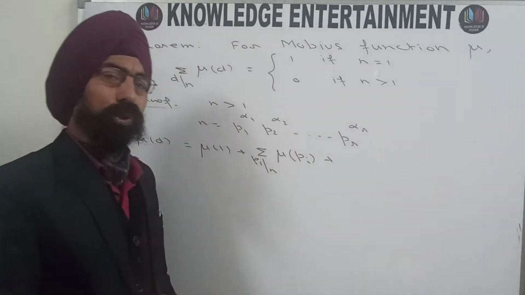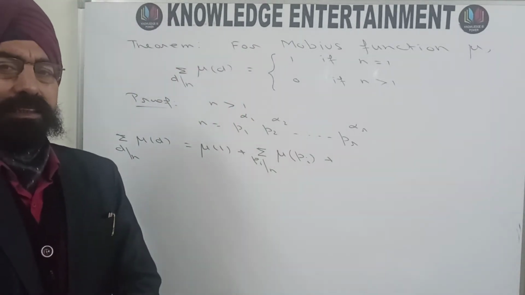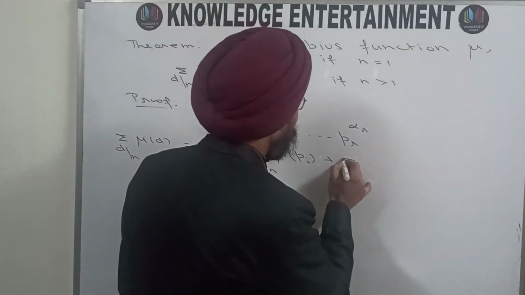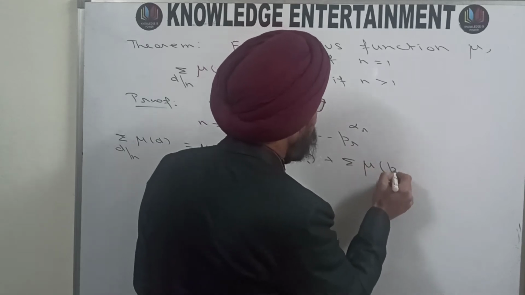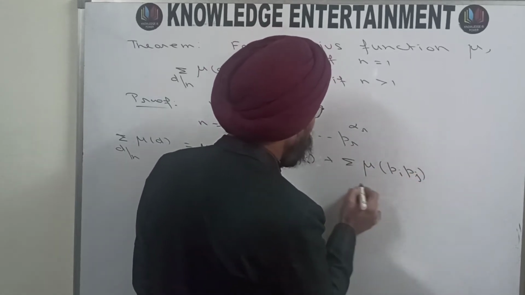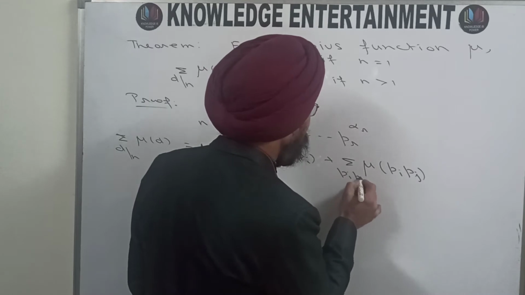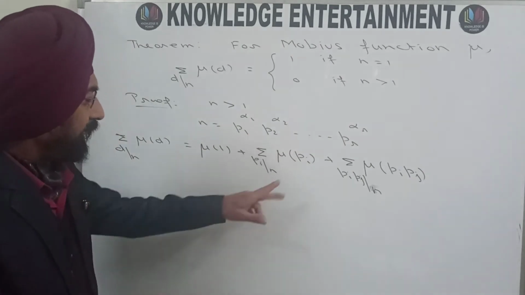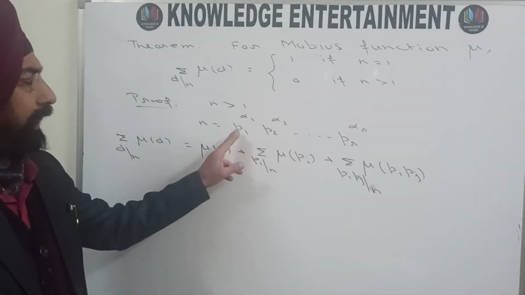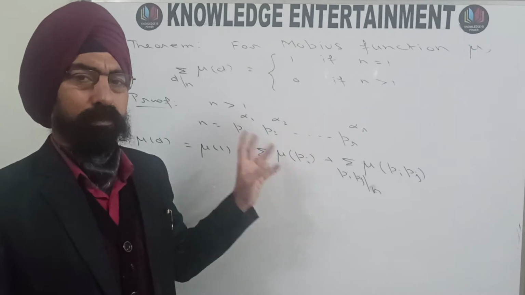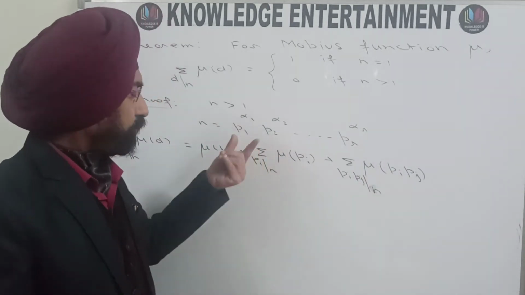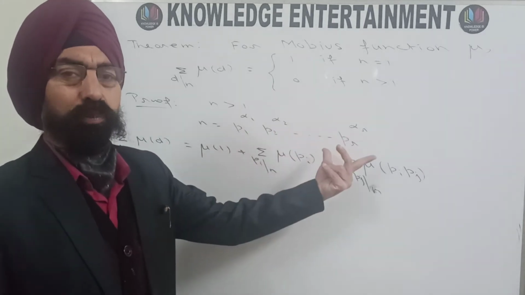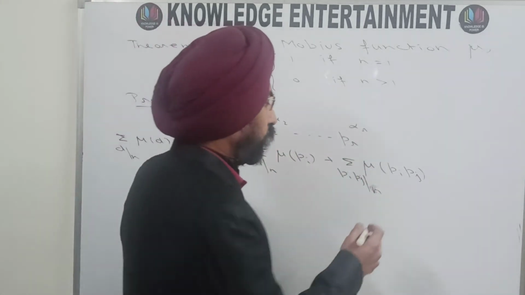Plus. Now you take divisors made up of the product of two primes. That means sigma mu pi pj, where pi pj is a divisor of n. Earlier I had taken only prime numbers, either p1 or p2 or p3 or pr. In the next case I have taken divisors of the type p1 p2, p1 p3, p2 p3, p4 p5 of this type, plus and so on.